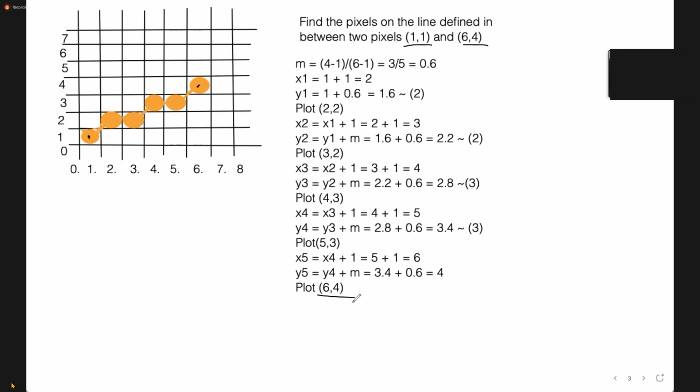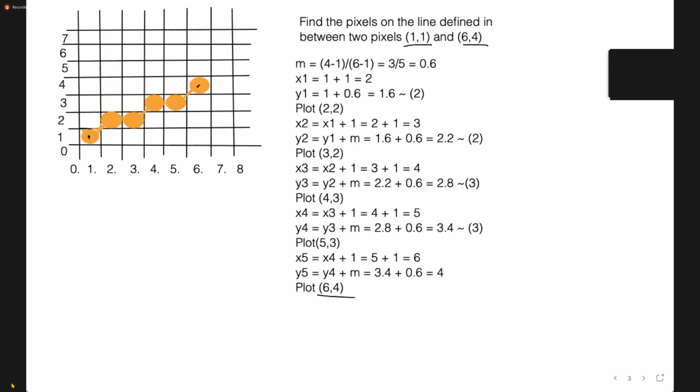So this is how the digital differential analyzer algorithm works. Okay? Is that clear? Hello? Is that clear? Yes, sir.